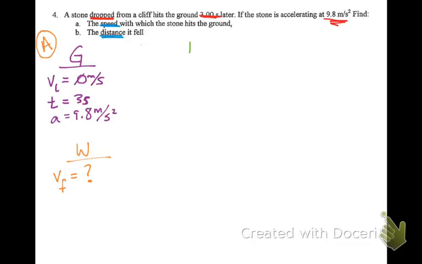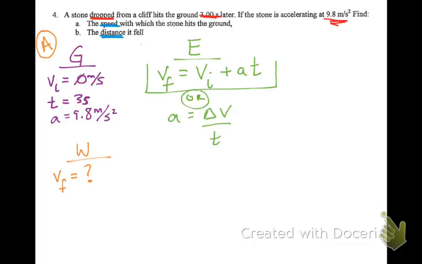Our equation that we're going to use deals with all of these. So pretty simple. I'm going to use the one that solves for the variable that we want to solve for. Of course, you can use this equation as well. It's the same equation, just rearranged. But I'm going to use this one, since it's already solved for me.